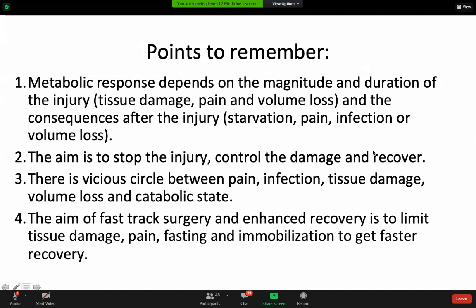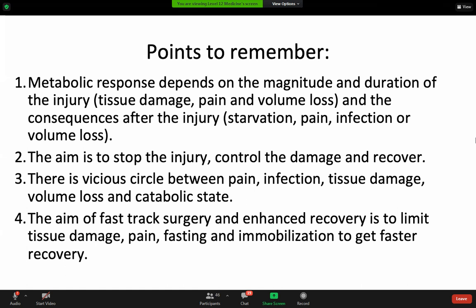Point to remember: the metabolic response depends on the magnitude and duration of the injury. So if you have more tissue damage, the recovery will be longer. Tissue damage, pain, and volume loss, and the consequences after the injury, which are starvation, pain, and infection.